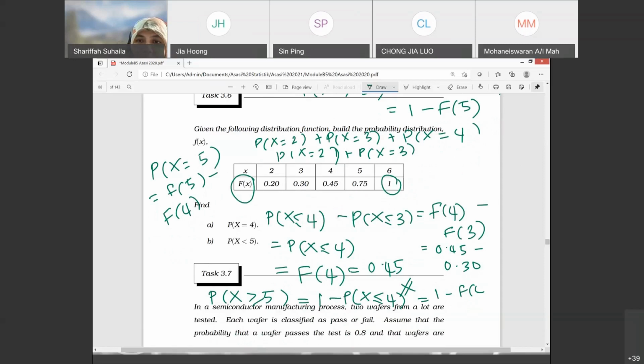Sebab kita nak 5 and 6. So 1 minus capital F4, so 1 minus 0.45 lah actually. Sebab kita nak X equals to 5 and also X equals to 6. Okay, boleh ke?